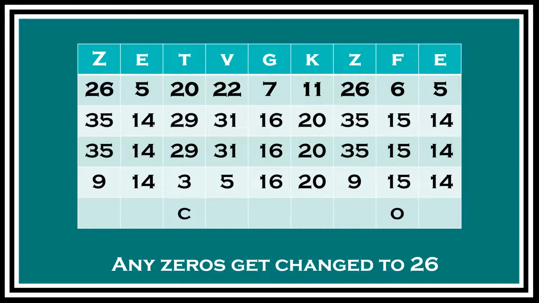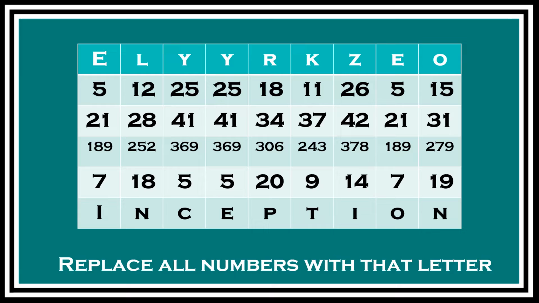And then once we've done that, what we need to do is replace each number in that fourth row with that letter in the alphabet. So the 9th letter of the alphabet is I, the 14th letter of the alphabet is N, and so on. And once you've done that, what you get is the original message, which is inception.